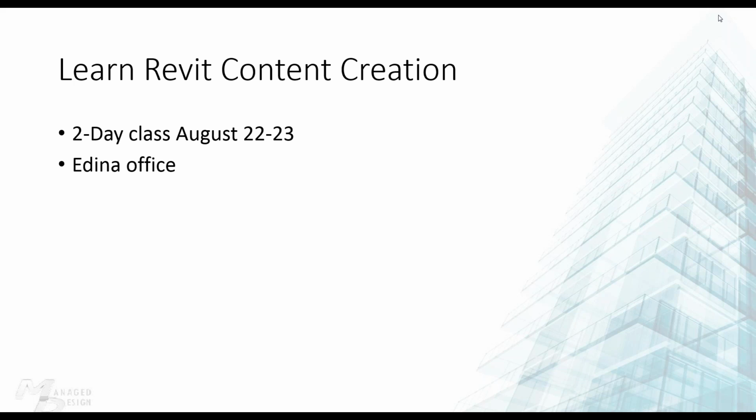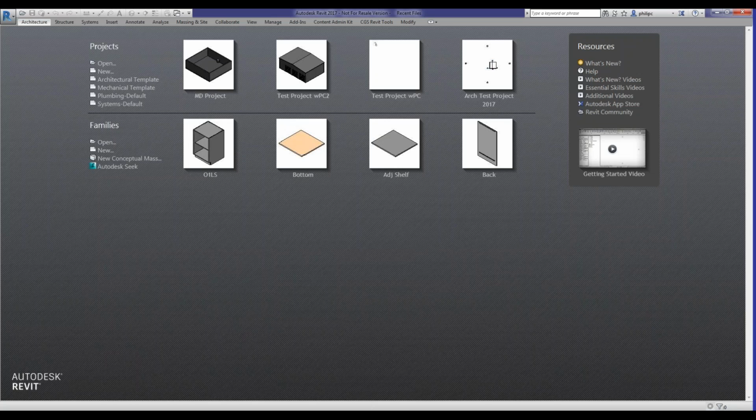All right, so we're going to get into Revit here. For that to pop up on the screen here. All right, so I'm starting in Revit 2017. So for some of you, maybe you don't have 2017 loaded yet.